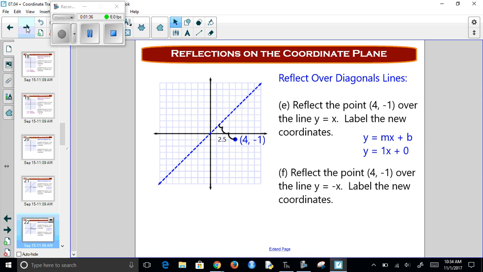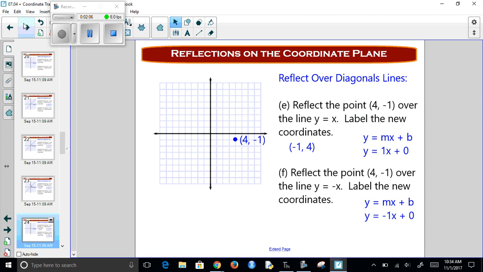I don't really like that I put 2.5 here because it's not really 2.5, so I'm going to erase it. It's 2.5 diagonals, so we'll go 1, half, 1, 2 to get to our other point. It's (-1, 4). Now, at this point, it's probably good to think, what's the relationship between these values and these values? We'll get to that later.